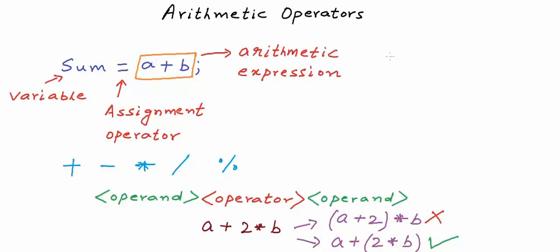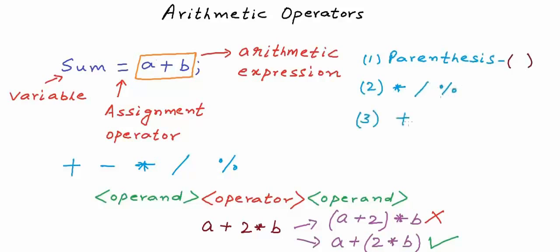In an arithmetic expression, first preference is given to parentheses. Next in priority are multiplication, division, and modulo, and then come addition and subtraction. If there are 2 operators of the same priority, then they are executed from left to right.